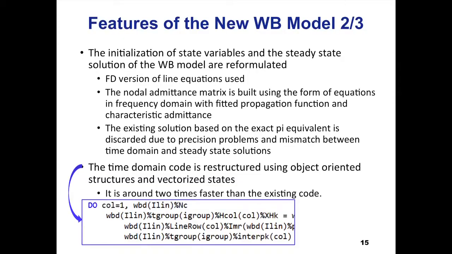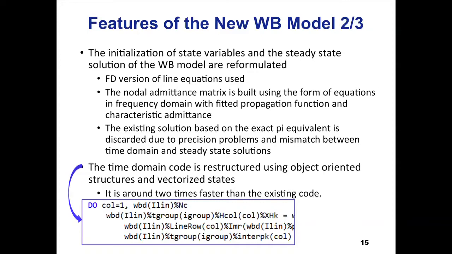So some other details about the time domain model. Initialization, for example: the existing solution was based on the pi equivalent, and I just discarded that solution because it was creating mismatch.